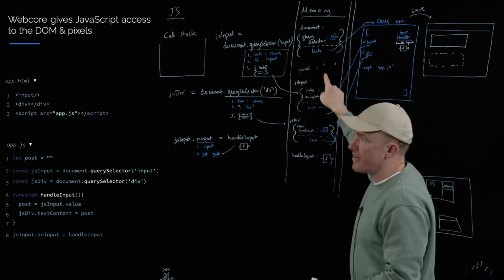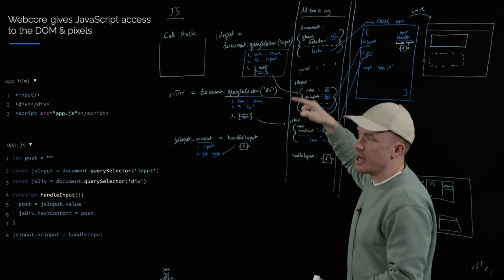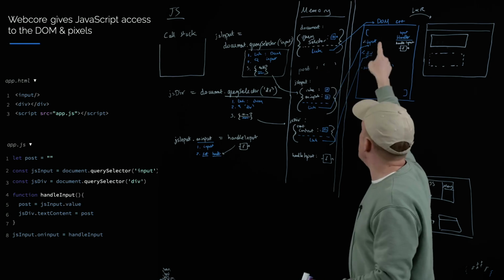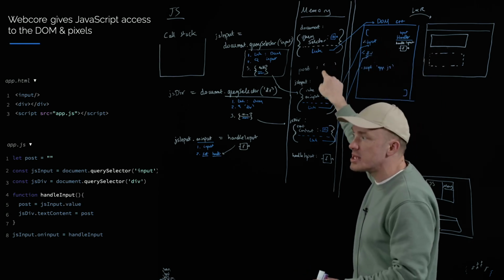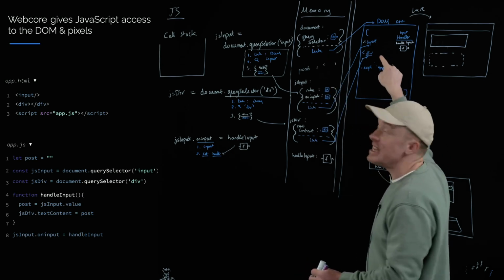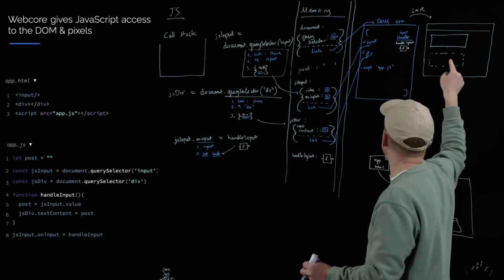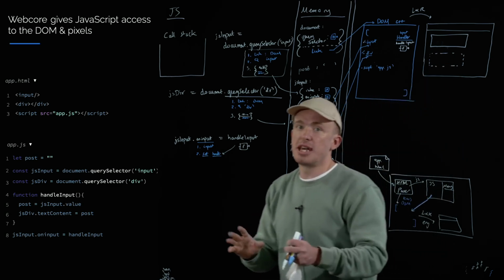In line 5, we're going to grab whatever value they typed in and store it in post, which will then be used to affect what they see by changing the div's content on the page. We're almost there with a full end-to-end.